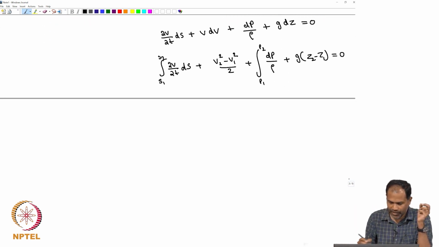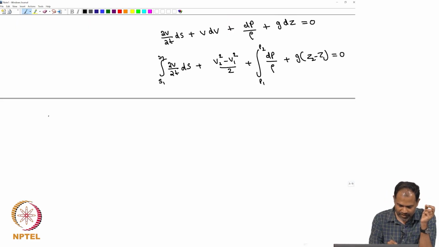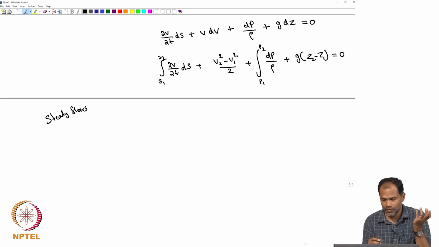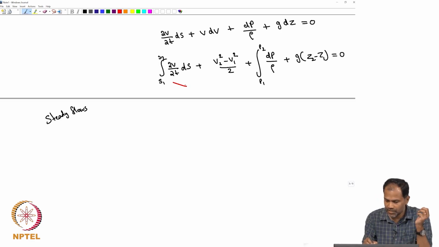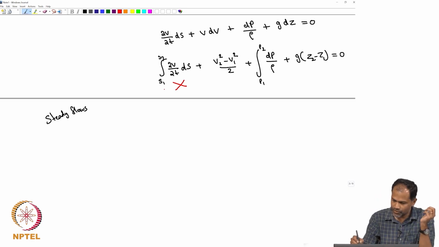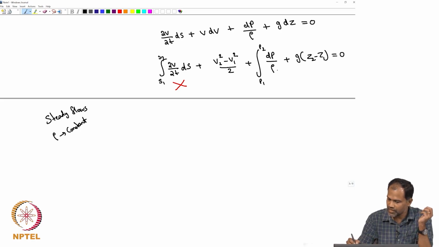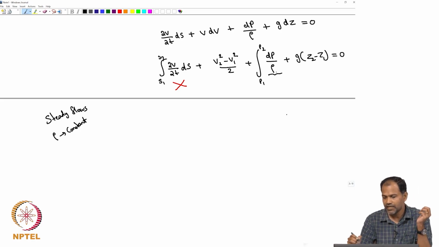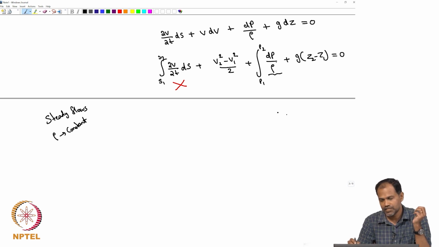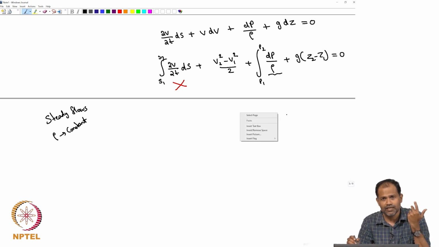Now, if I take the assumption that we are worried about steady state flows, where time dependency is not there, then I will not consider this term, and I will also say that ρ is a constant. If ρ is a constant, I could take ρ outside from this integral, and therefore, the integral of dp is nothing but p2 minus p1.